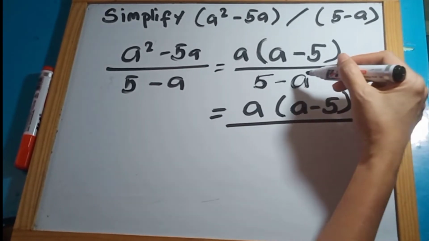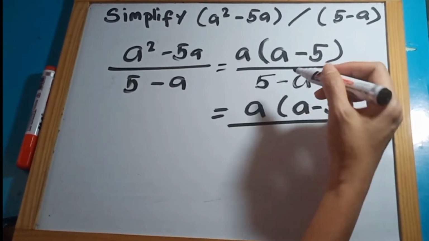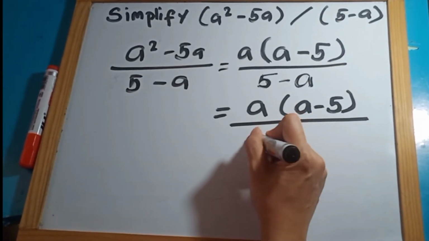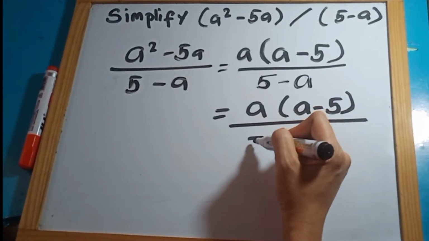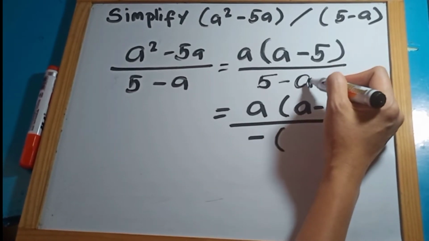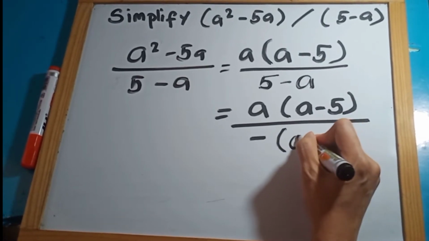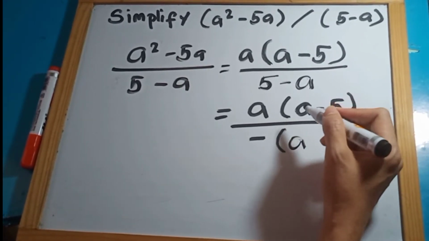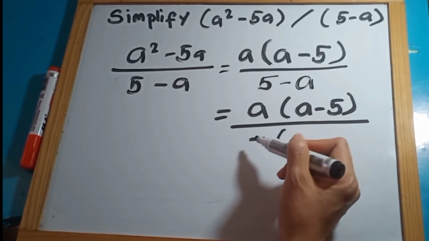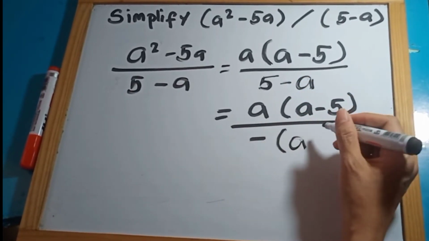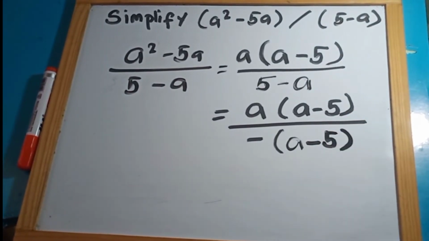So, sa ating denominator, ilalabas natin si negative sign. Since nailabas natin si negative sign, yung negative a dito, magiging positive na siya. Alright? And then, yung positive 5 dito, dahil may negative sign na siya sa labas, magiging negative 5.